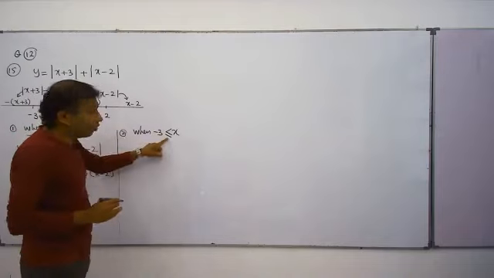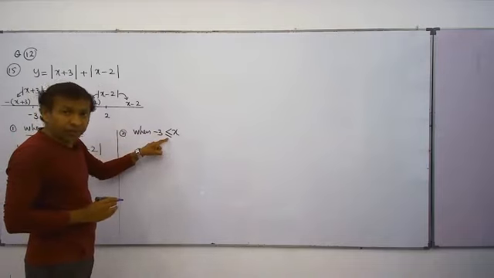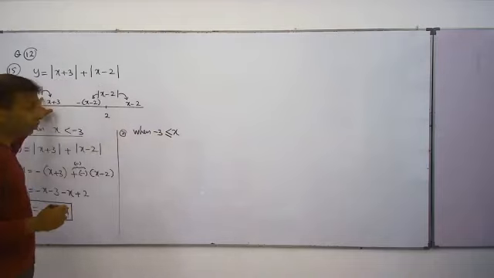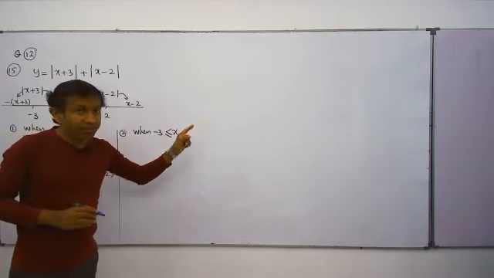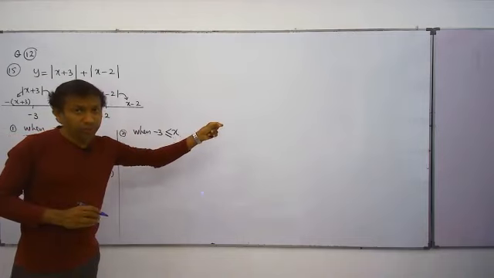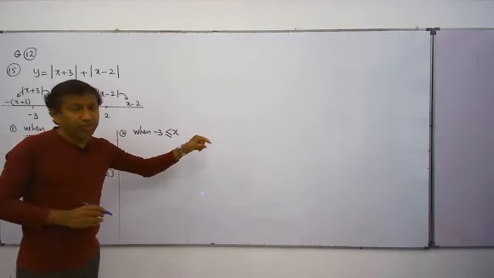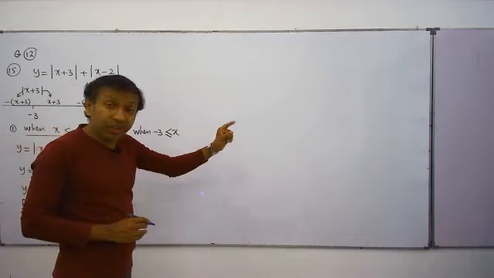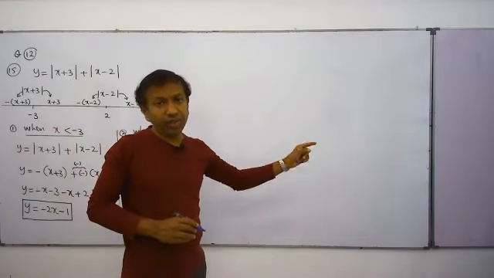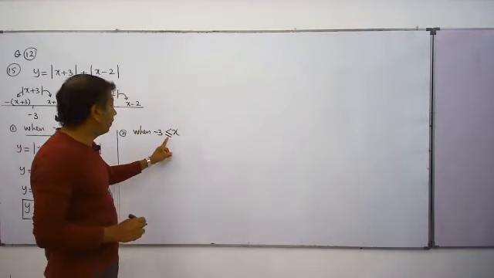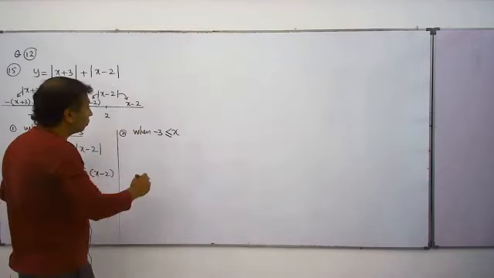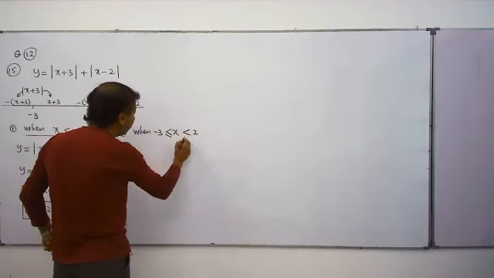Why should we put the equal sign here? When you define mod x plus 3, you can see in the first line after the double bracket, mod x plus 3 is equal to x plus 3 when x is greater than or equal to minus 3. With the greater than sign, that equal sign also comes. So that is why we take this equal sign. And less than 2. This is the interval.